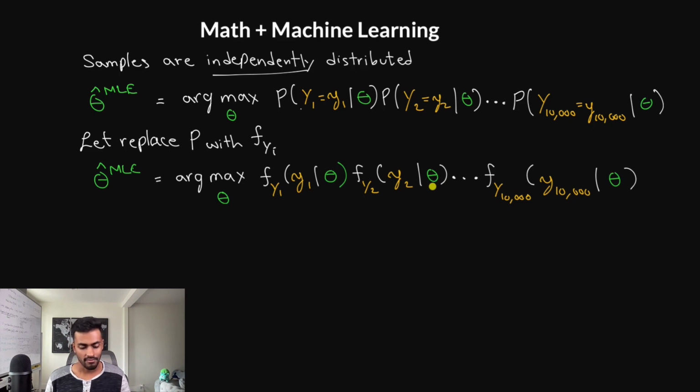And because of that, we can write all of these individual probability density terms as just being the same representation, f subscript y. And so I'm going to do just that. Samples are identically distributed.